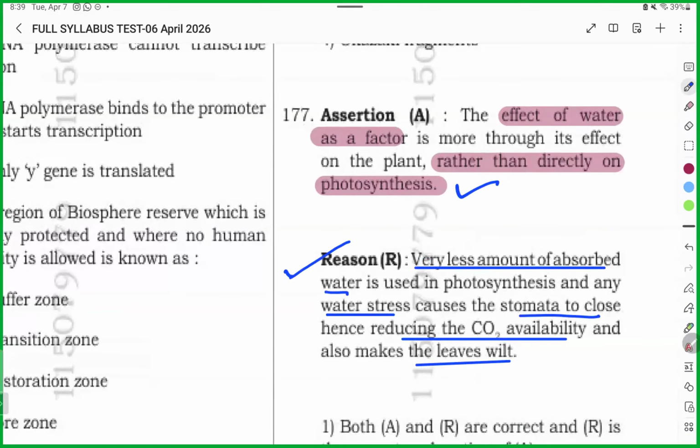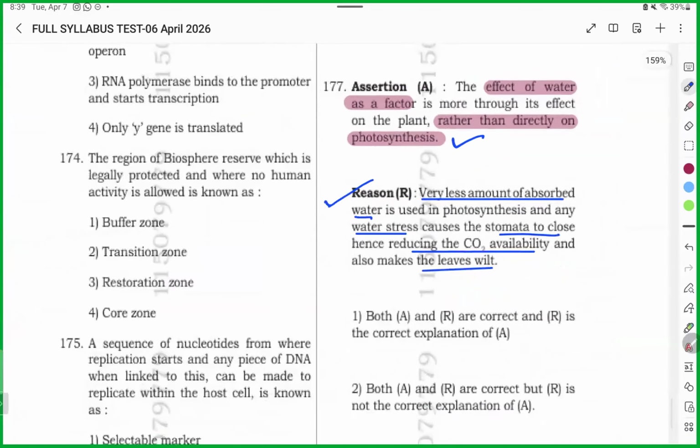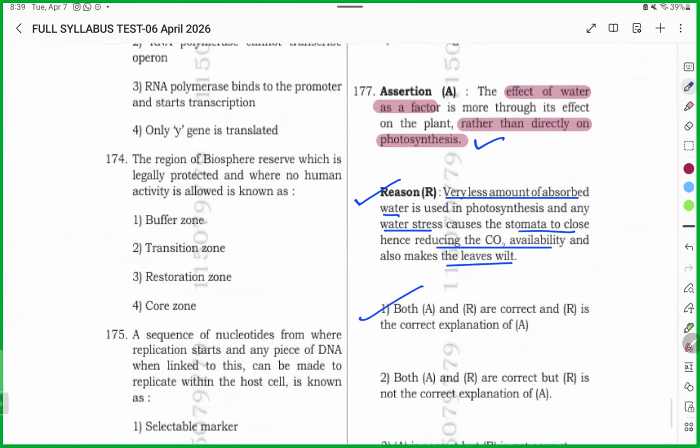Yes, sir. So what will be your answer? Sir, option 1. Why? Water is affecting the plant overall. How? Because it is affecting the stomata, it is affecting the leaf in general. Understood.